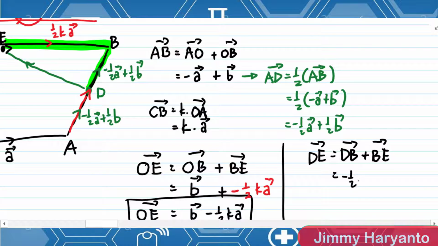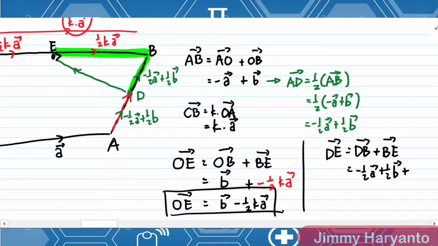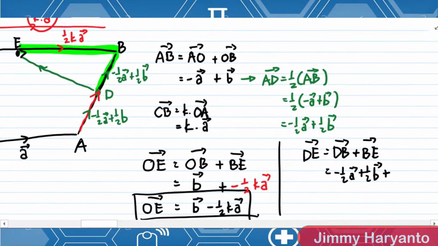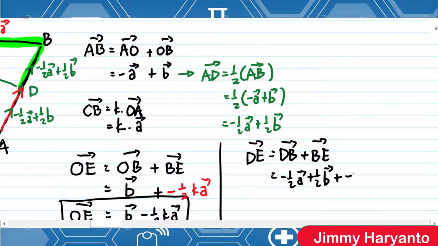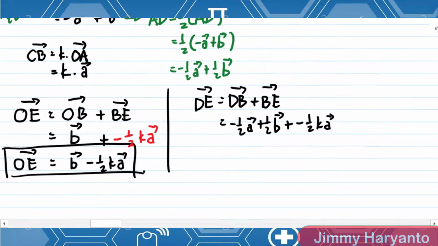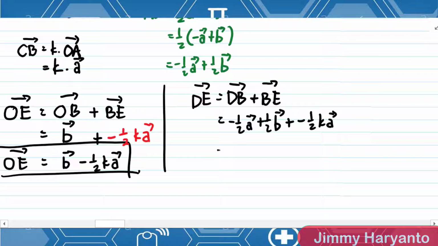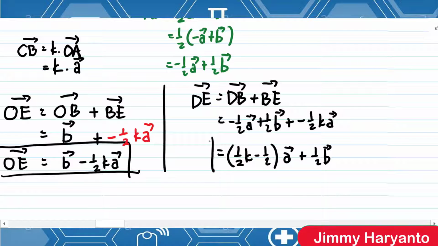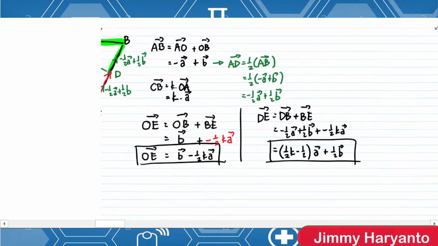DB is half A plus half B, and then BE. BE is the opposite of EB. If EB is half KA, the opposite will be negative half KA. Okay, this is the answer. Maybe you can combine the A, it will be half K minus half, and then bracket A, plus half B. There we go. Okay, next.